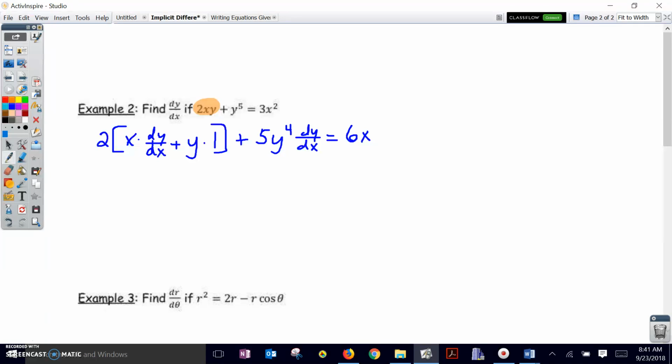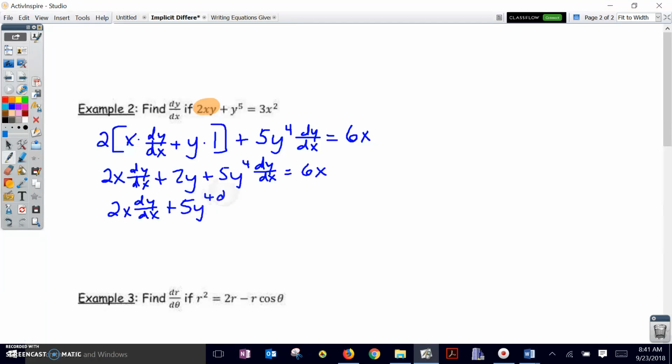All right. So I'll distribute my 2 through my parentheses. Subtract 2y from both sides to get only dy/dx terms on the left.